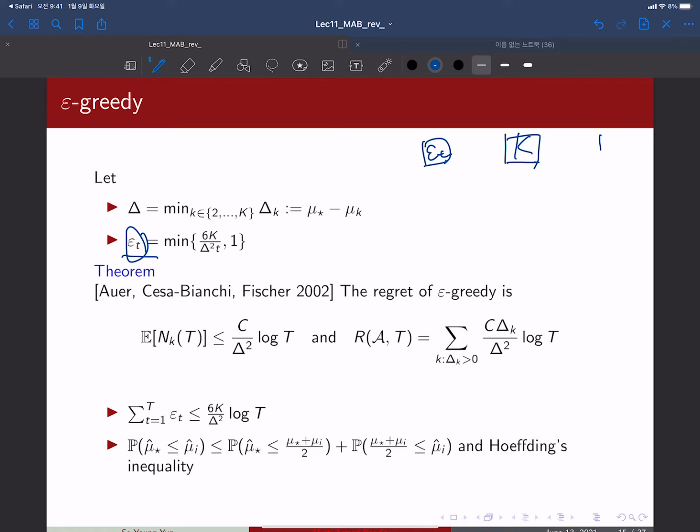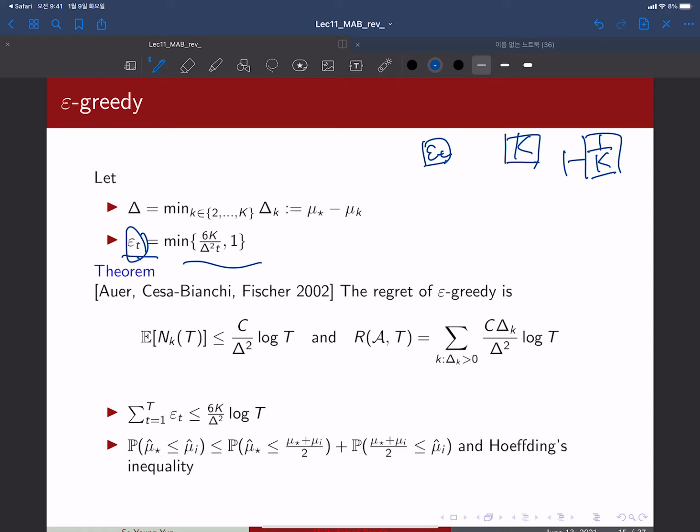So only with probability 1 over capital K are we playing the best arm. With probability 1 minus 1 over K, we play a suboptimal arm. So epsilon greedy, for the exploration phase, will have some additional regret because of this pure exploration.